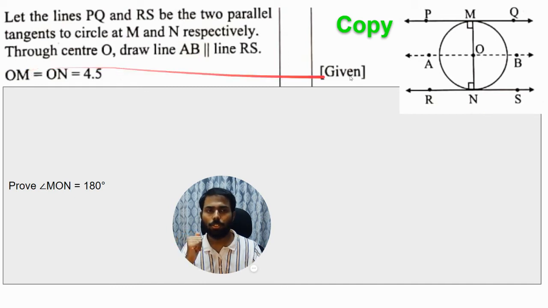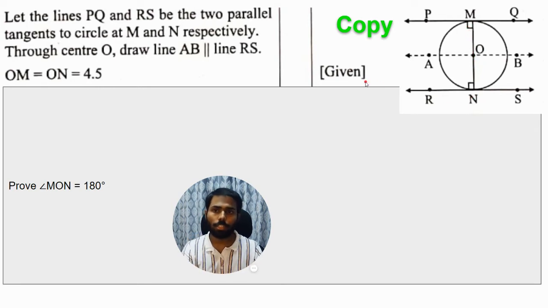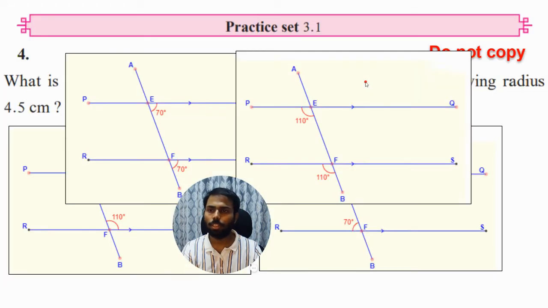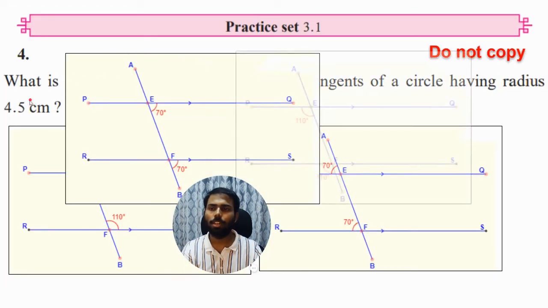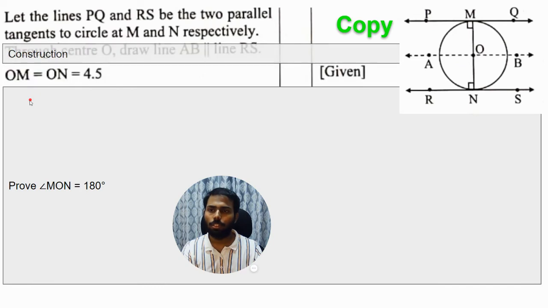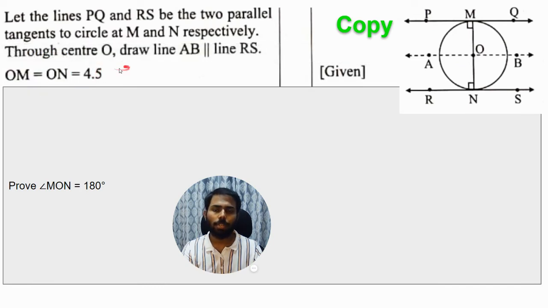Also, what was given in the question? Radius was given, right? So OM is a radius and ON is also a radius. So OM is equal to ON is equal to 4.5 centimeters. They've given centimeters, so you can write centimeters over here. Now all you have to do is prove that angle MON is 180. ये जो angle है इसको 180 prove कर दिया, then it's very easy.